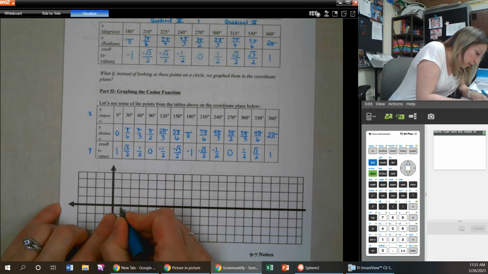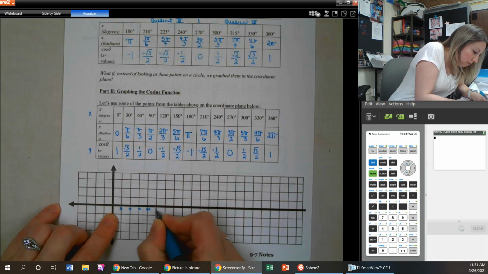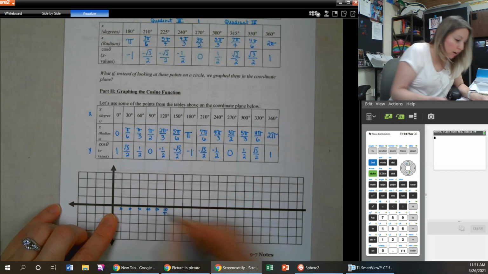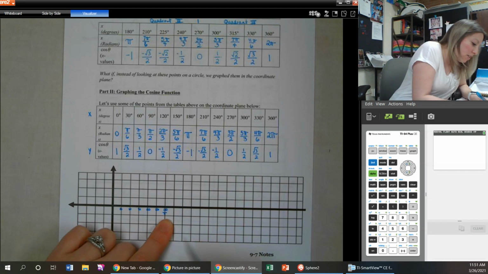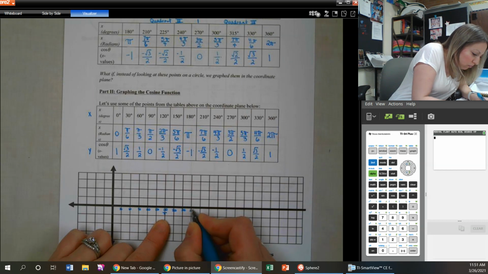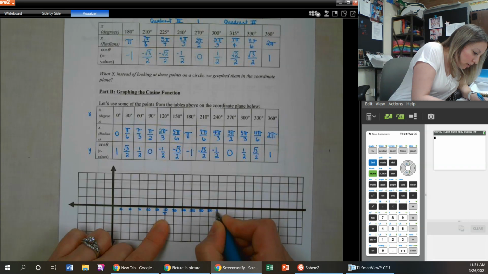So 30, 60, 90, 120, 150, 180. So there's your pi, right? Then 210, my bad, 240. Yeah, I'm counting right. 270, 3 pi over 2. 300, 330, 360.